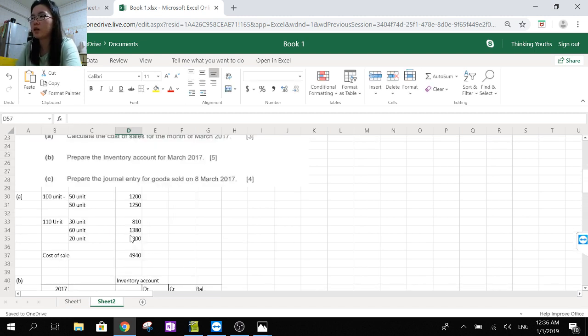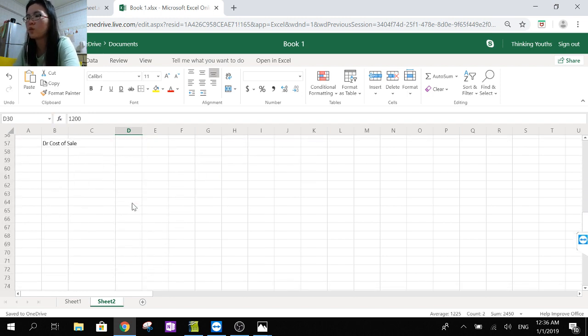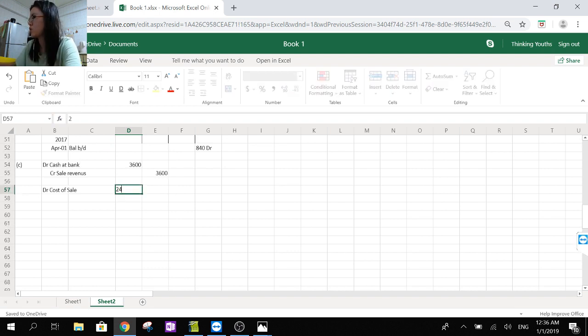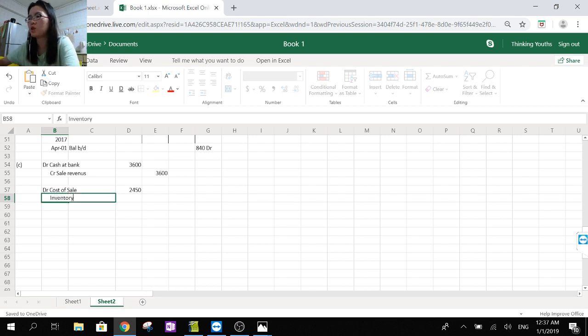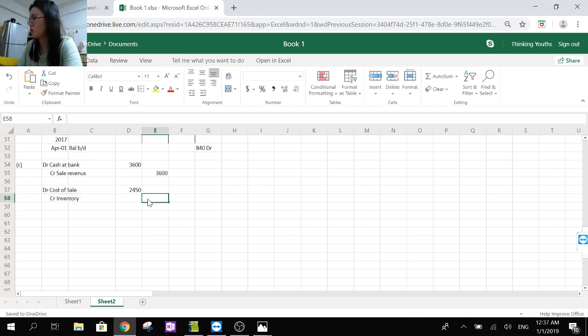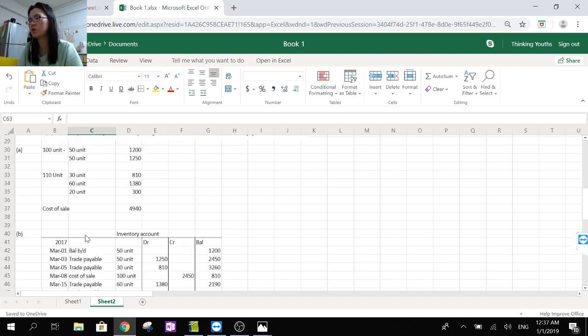This batch we just calculated for the 8th is 2450, and you have to credit out from your inventory account 2450. Okay, so this is the double entry for the transaction.